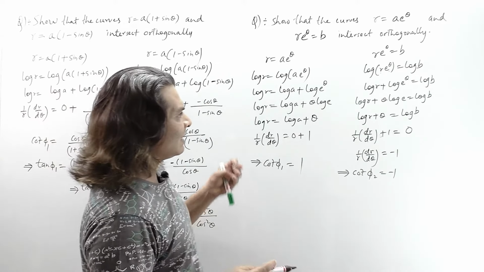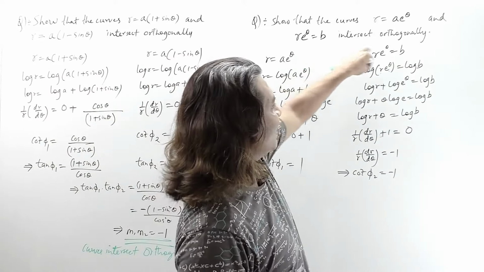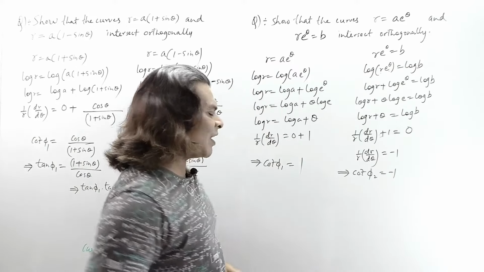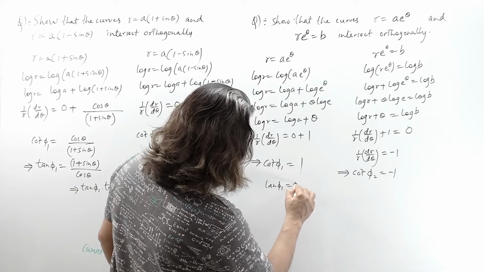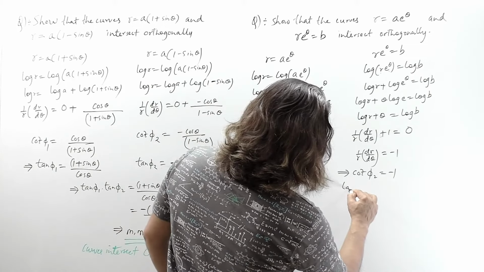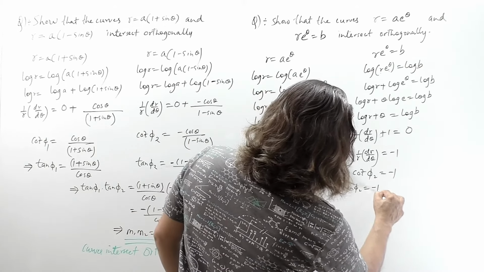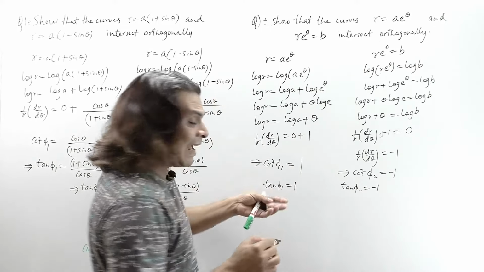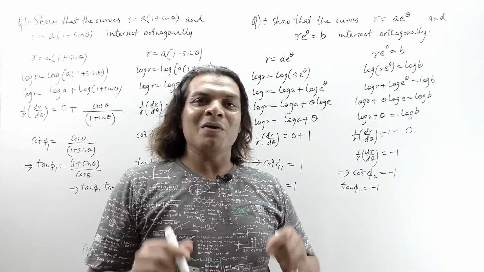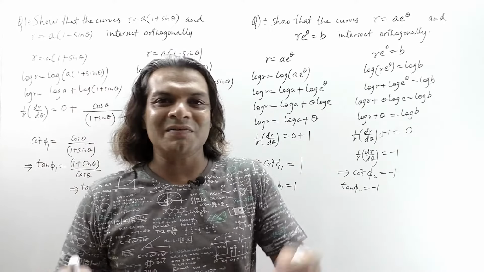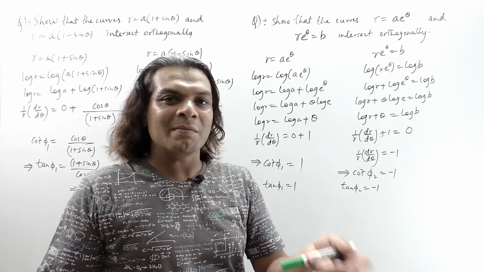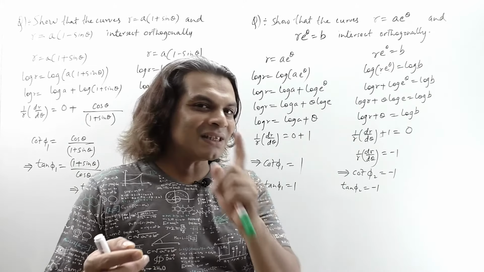Now, since we need to show the curves intersect orthogonally, cot phi 1 is 1. What is tan phi 1? Tan phi 1 is also 1. And what is tan phi 2? Tan phi 2 is also minus 1. Therefore, if tan phi 1 is 1, what is phi 1? What value of theta makes tan equal to 1? It's very simple. It's pi by 4 because tan of 45 degrees is always 1.